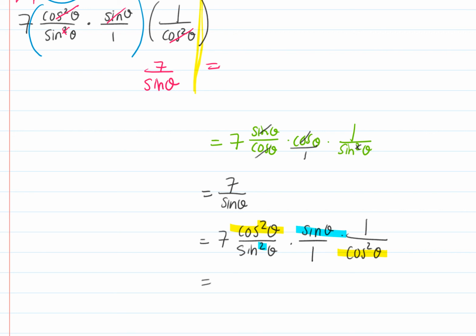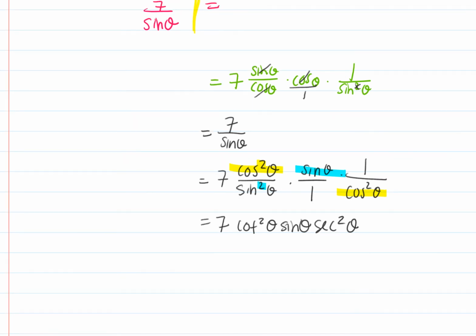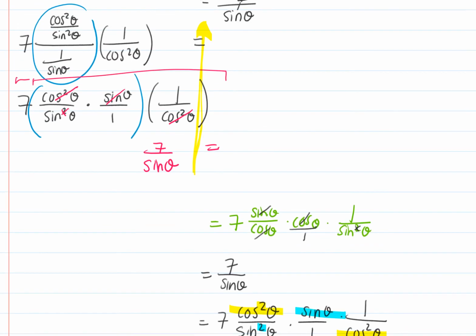And then let's keep going backwards up from my left-hand side. So this would be 7 cotangent squared theta times the sine of theta times the secant squared theta. Oops, I'm sorry.